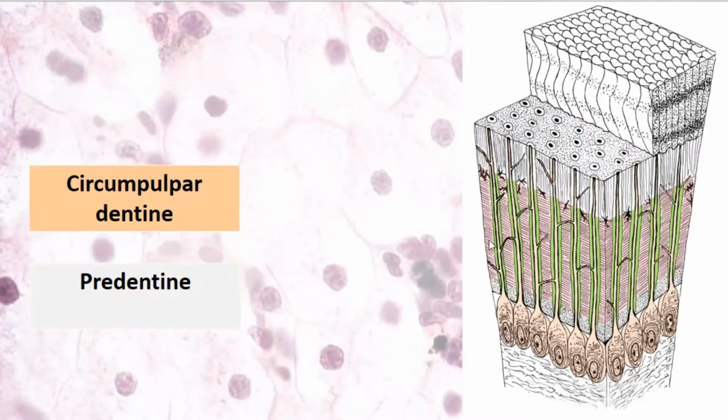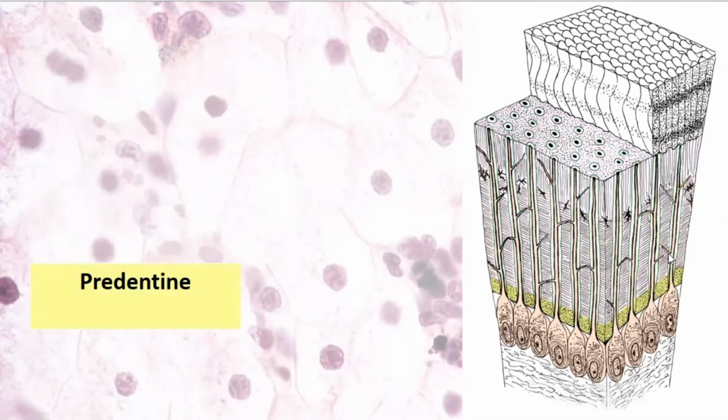It's newly produced dentine. And the newest dentine is predentine, which is located near the pulp. And new layers of dentine are produced during the entire life of the tooth.